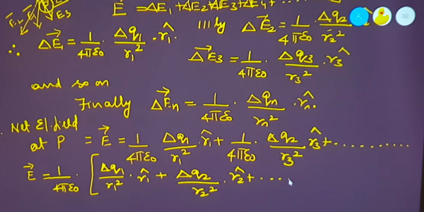If it is going on for the remaining terms, finally I can write delta Qn divided by Rn square into Rn cap.